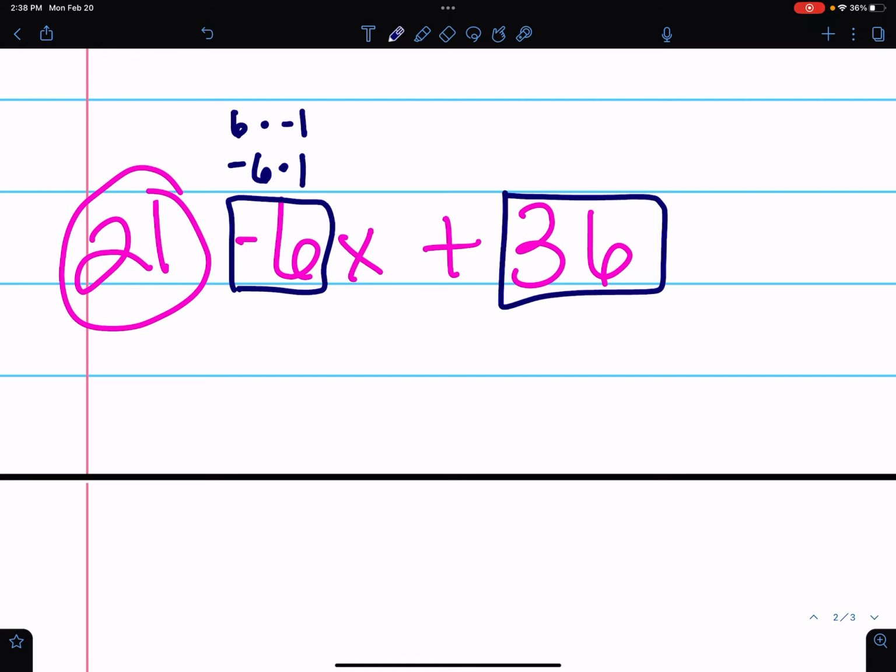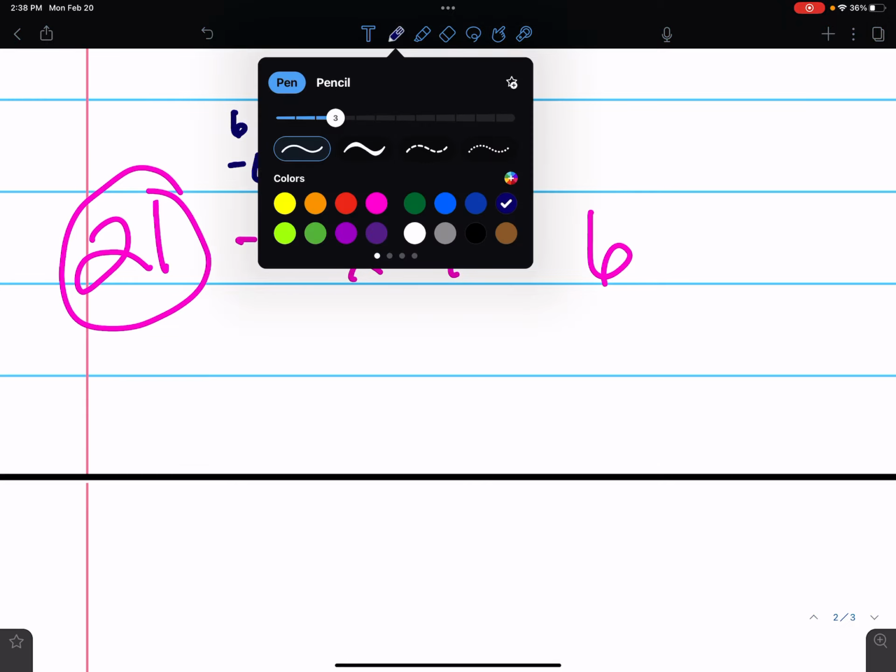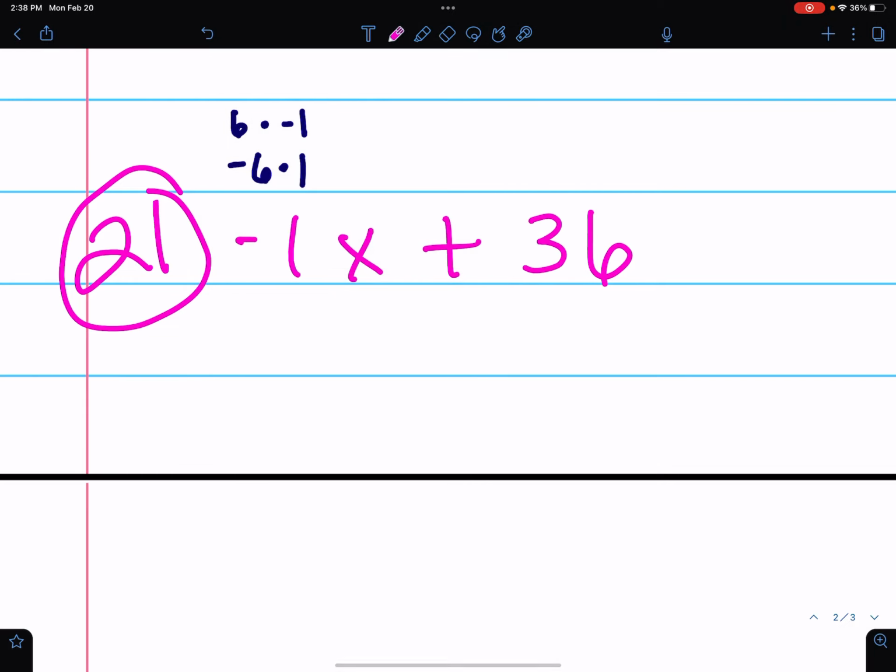In this particular problem, I would probably choose the +6 and the -1 because 36 is positive. I don't know why that's what I would choose, but it's what I would choose.